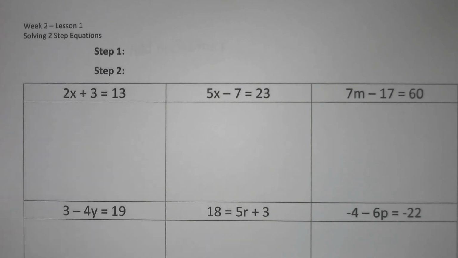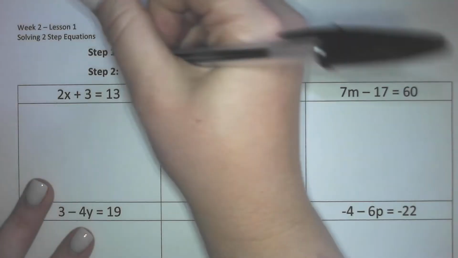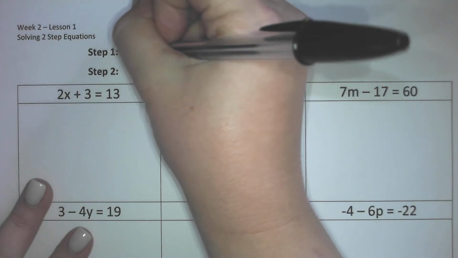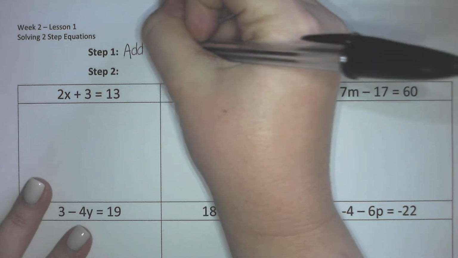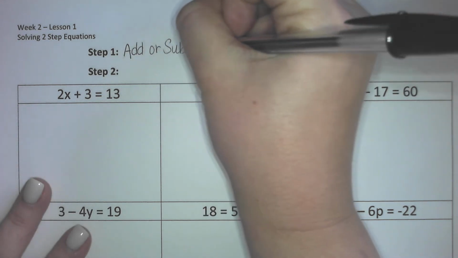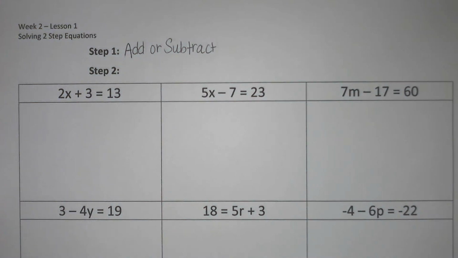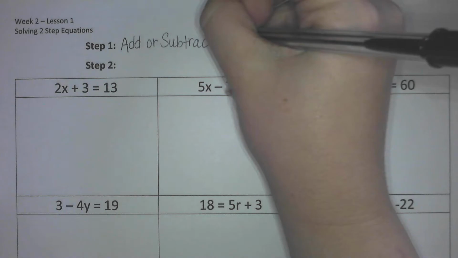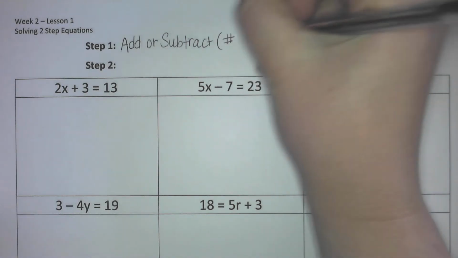All right, so when you are solving two-step equations, there's exactly two steps that you need to follow. Step one, you are always going to either add or subtract. Okay, so you're always going to add or subtract first, and this is always with the number that does not have a variable next to it.